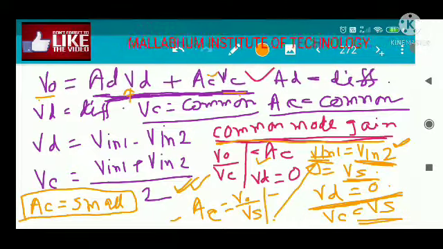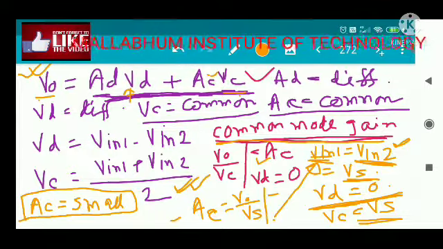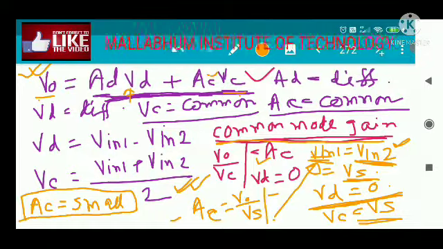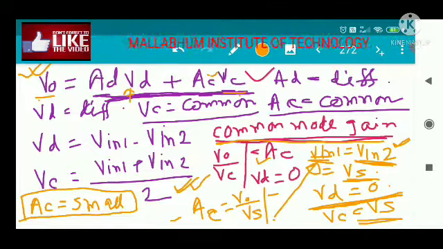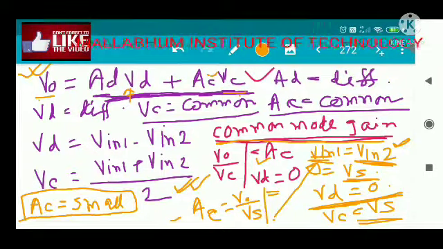That is the procedure we will follow in the AC signal analysis: we will make VD equal to 0 and calculate AC like this.